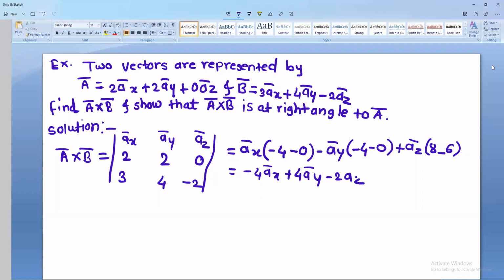Sorry, 8 minus 6 is plus 2. Okay, everyone understood this cross product?